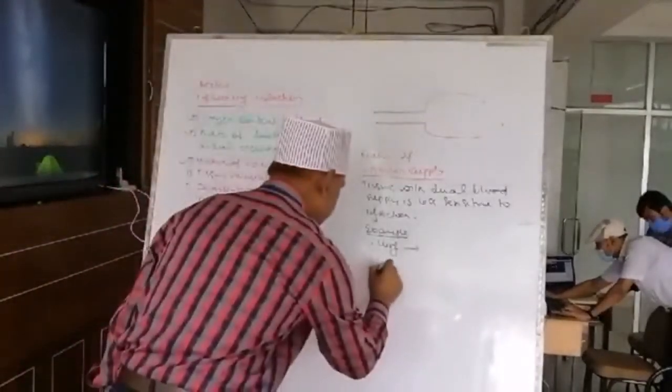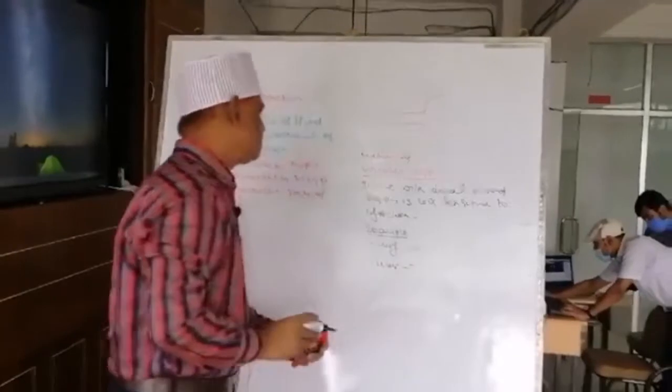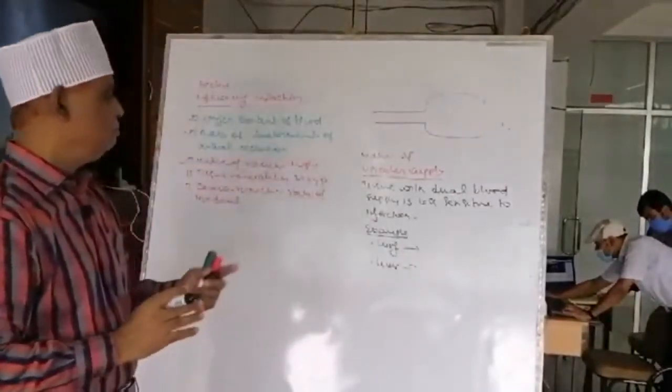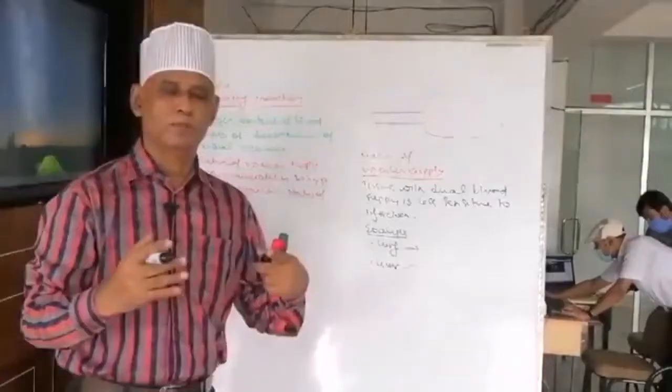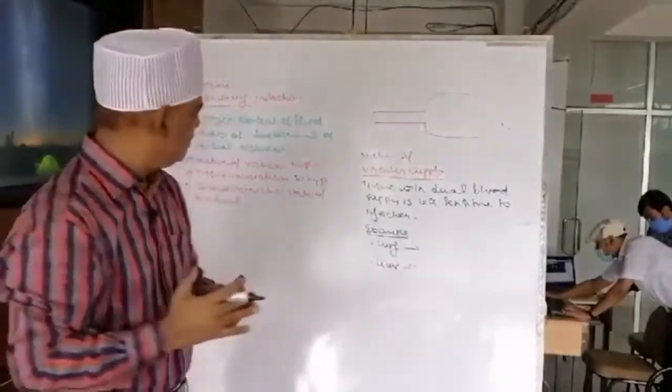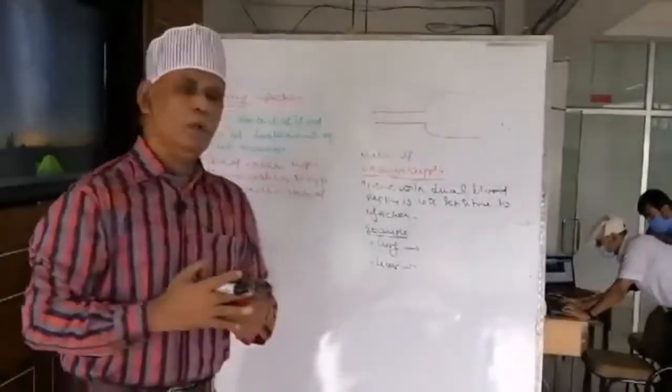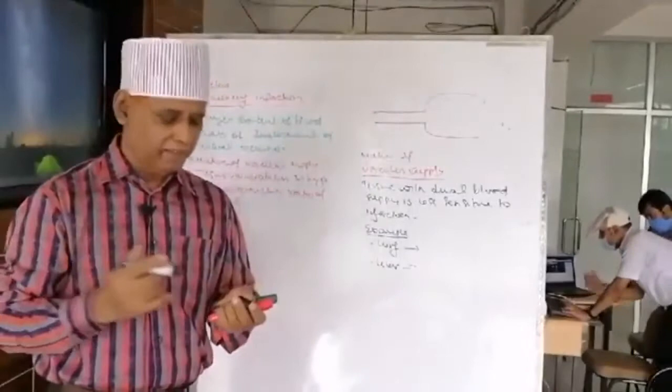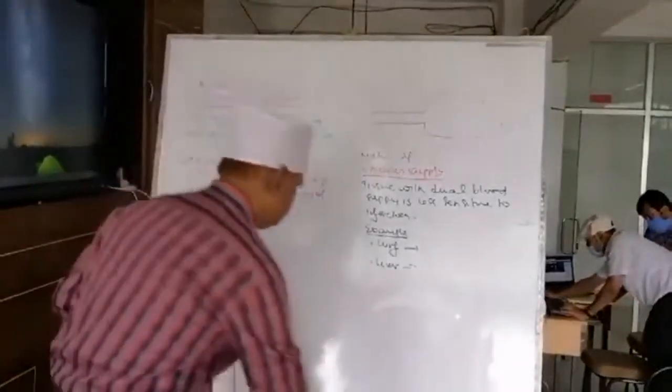Liver is also less sensitive to infarction because it has two types of supply: one is hepatic circulation, another is portal circulation.